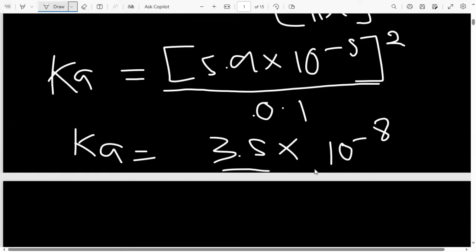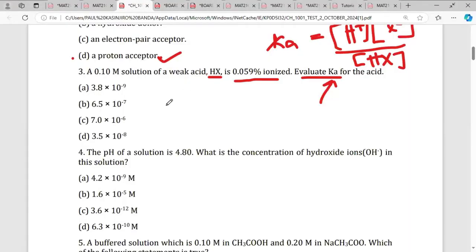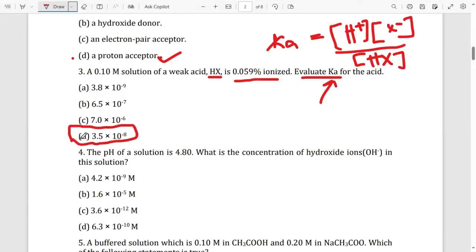So that's my Ka value, and that's how you get your Ka. You come here and find your 3.5, so the correct option there was D.